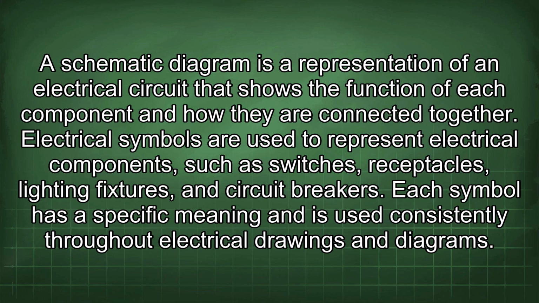Electrical symbols are used to represent electrical components such as switches, receptacles, lighting fixtures, and circuit breakers. Each symbol has a specific meaning and is used consistently throughout electrical drawings and diagrams.